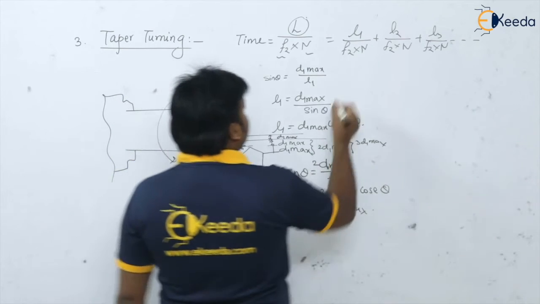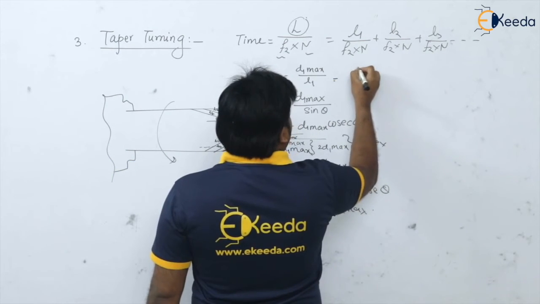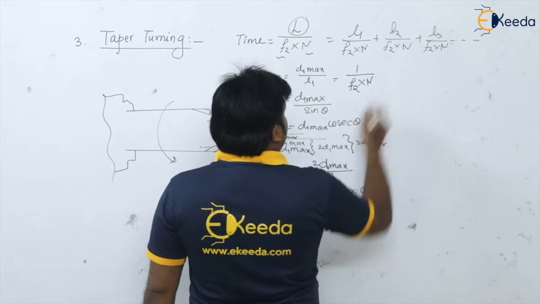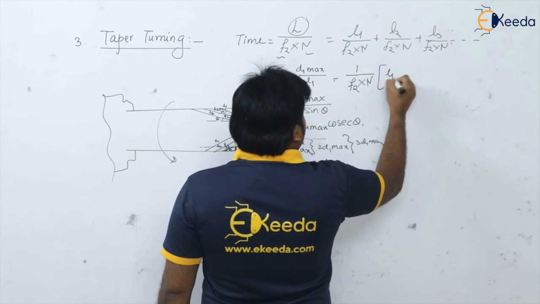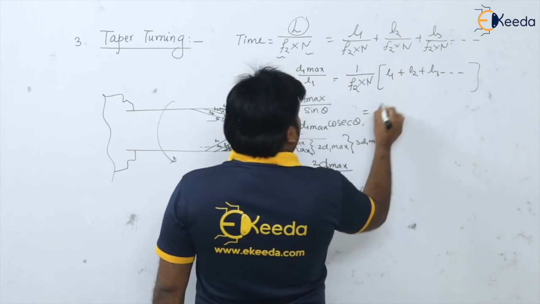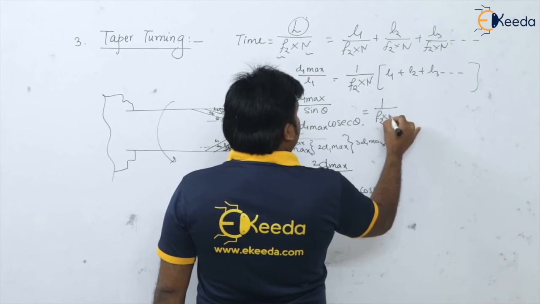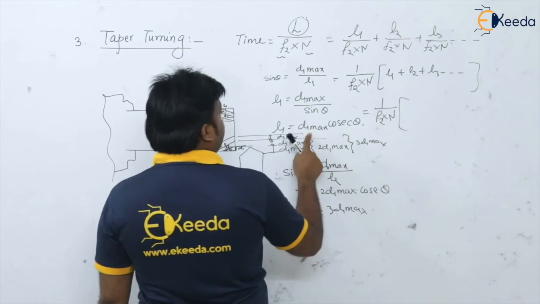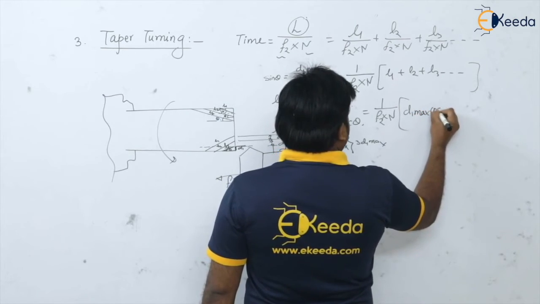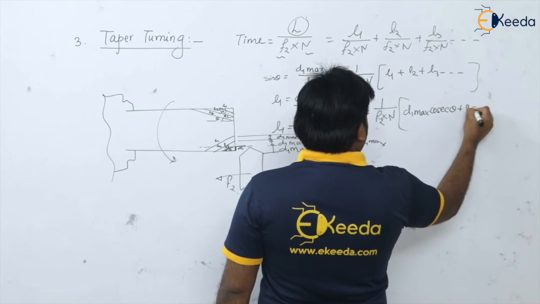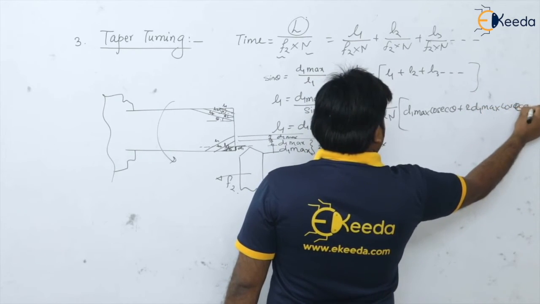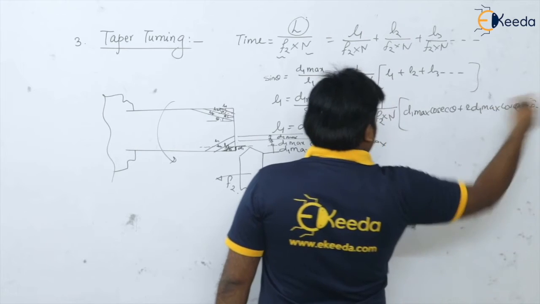In this way I can make a common factor out of this, that is 1 upon F2 into N, and for L1 plus L2 plus L3 and so on, what can I write? 1 upon F2 into N. L1 is what? d1 max cosec theta, plus 2 d1 max cosec theta, like that, plus so on.